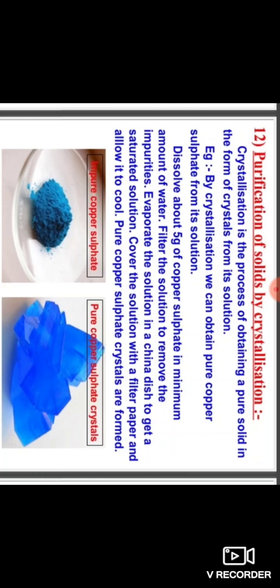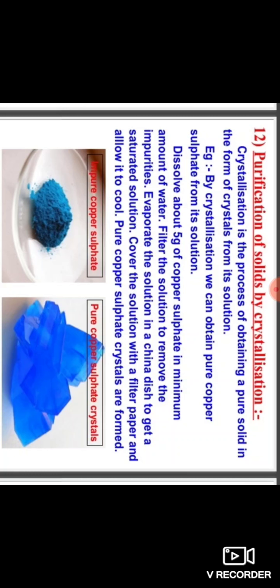Dissolve about 5 gram of copper sulfate in a minimum amount of water. Filter the solution to remove the impurities.